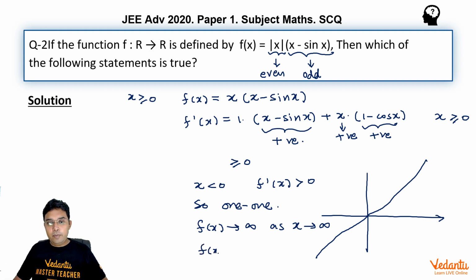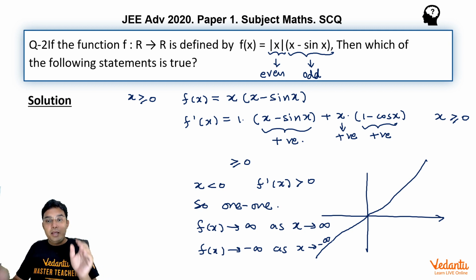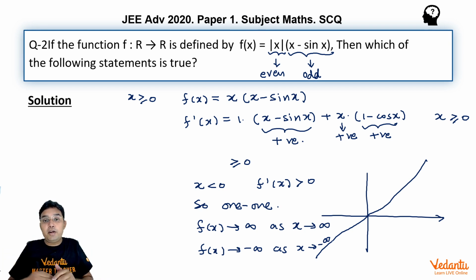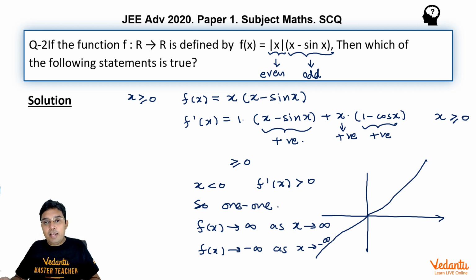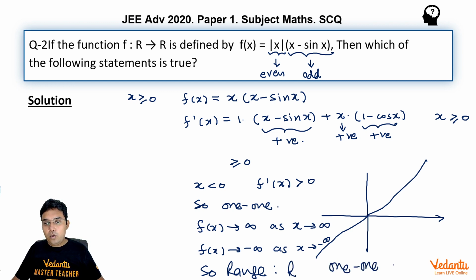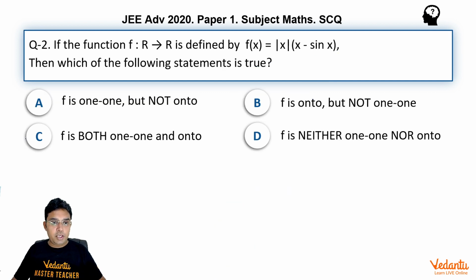Similarly, f(x) will be minus infinity as x goes to minus infinity. So we can see that this function has range from minus infinity to plus infinity, because it is continuous also, so every value has to be there in its range. So the range is all real numbers, and hence my answer should be one-one and onto. So that answer will be C.